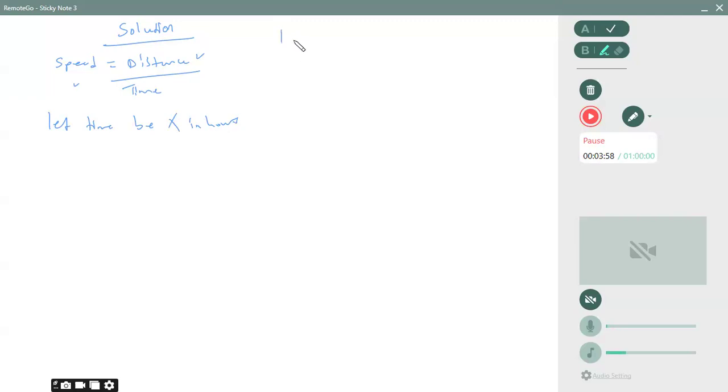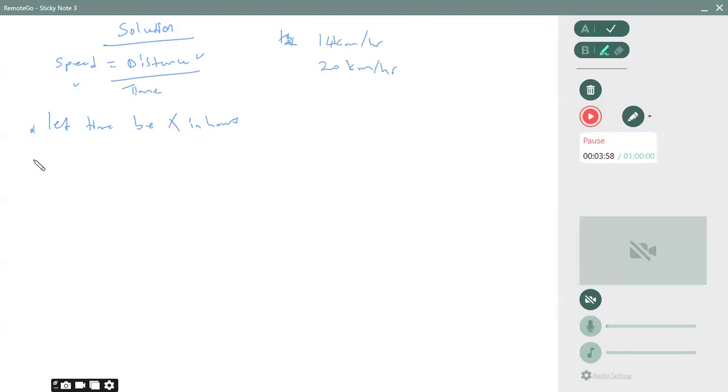The first speed was about 14 kilometers per hour, and then the other one was 20 kilometers per hour. That's where I'm picking the time, our time to be that.